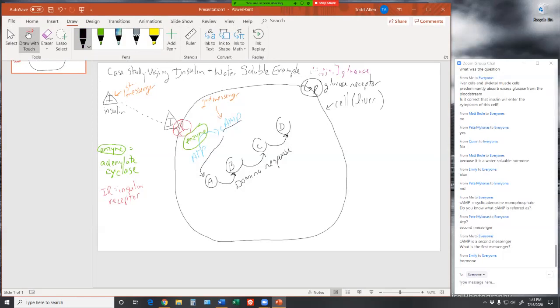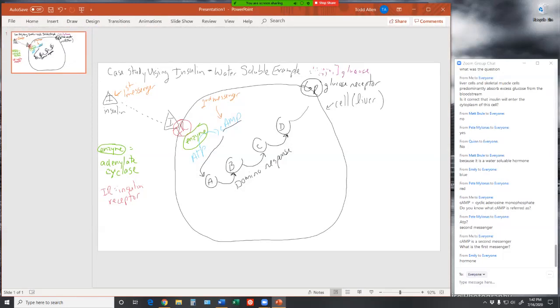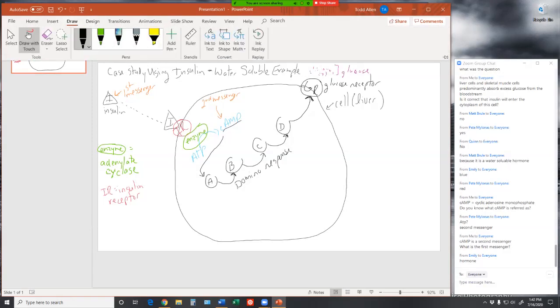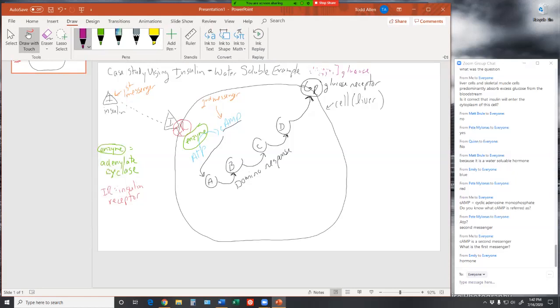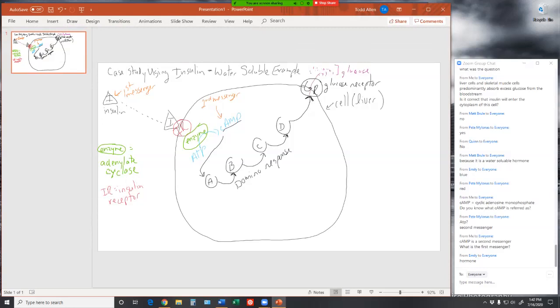The second messenger will activate A, which activates B, which activates C, which activates D. And ultimately, the glucose receptor gets activated. By activated, I mean that when D interacts with it, it changes its shape and it opens itself up in such a way that you can now bring the glucose inside the cell. So this glucose is now going to be funneled into the interior of the cell.